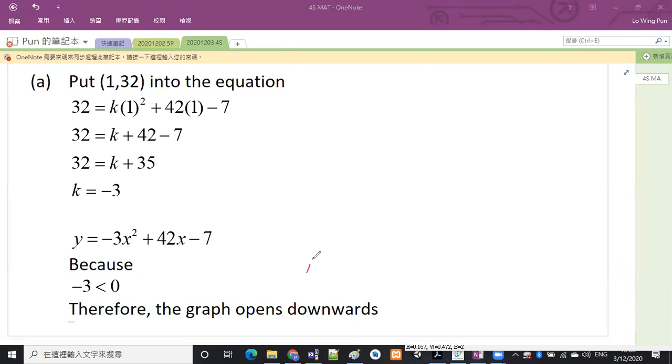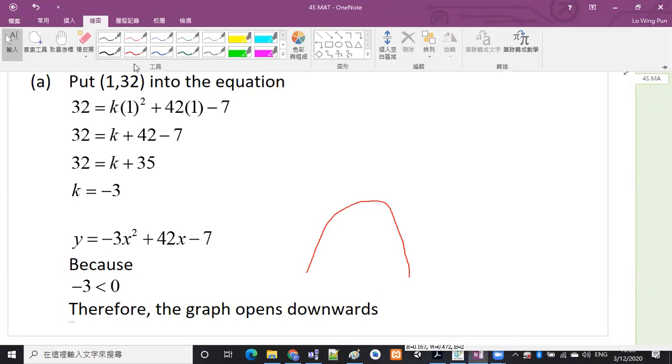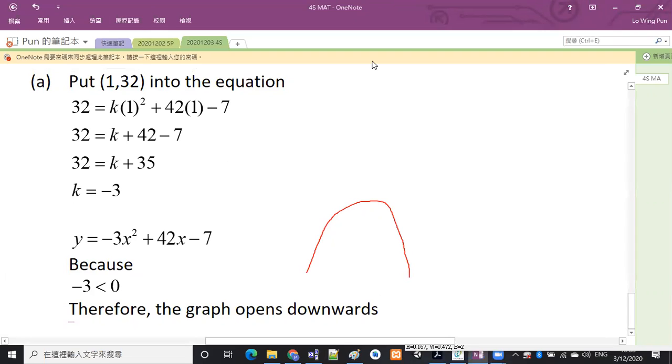It's like this. Maybe I use this. Like this.